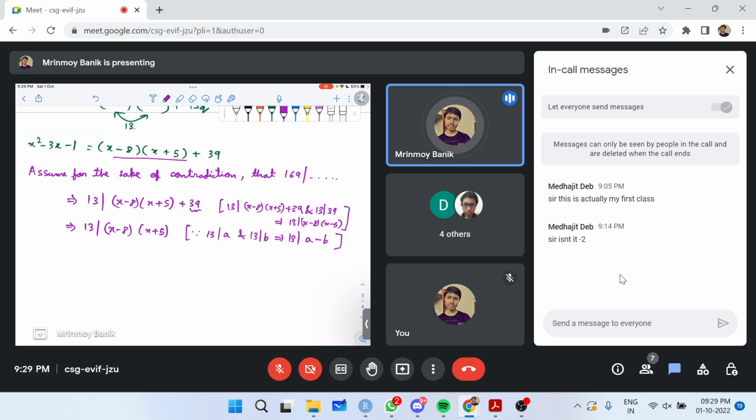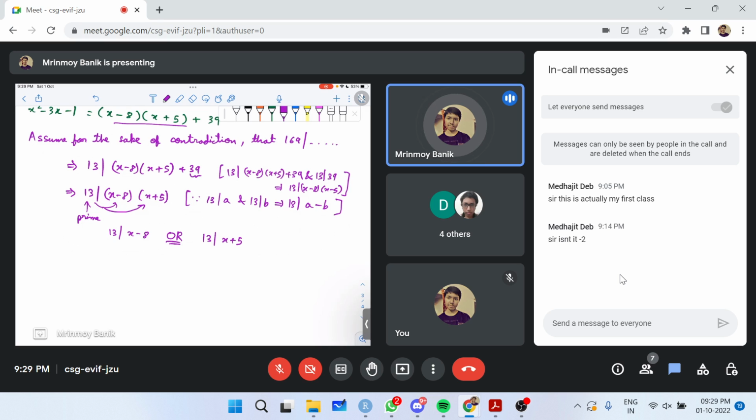So now we have 13 divides the first two factors. Now you see 13 is a prime number. 13 can't be distributed in these two factors, right? So 13 has to either divide x minus 8 or 13 divides x plus 5.